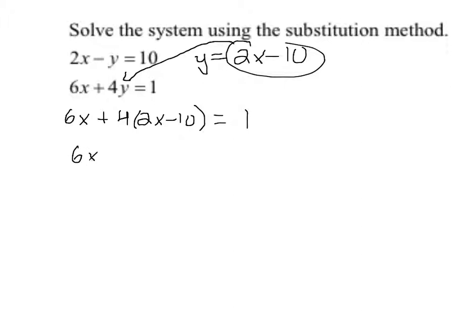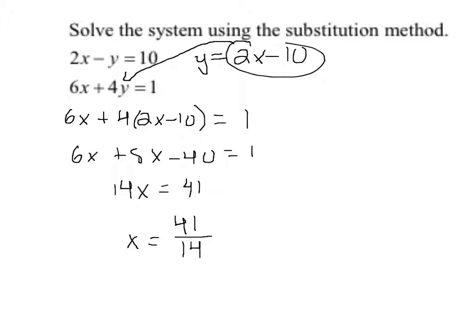So you get 6x plus 8x minus 40 equals 1. So 14x equals 41. So x equals 41 over 14. And what you do is you plug that in up here.